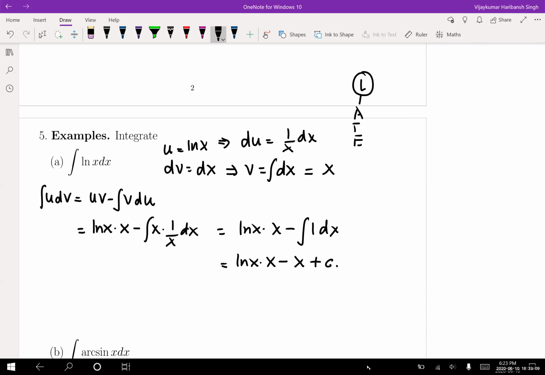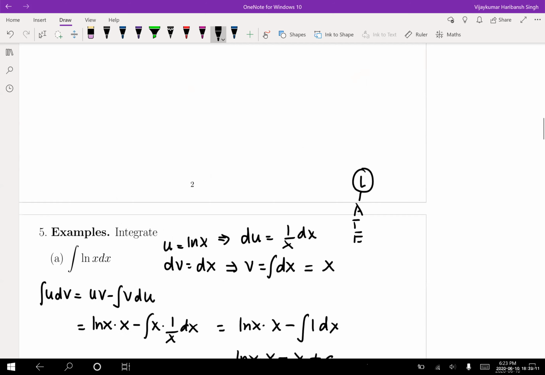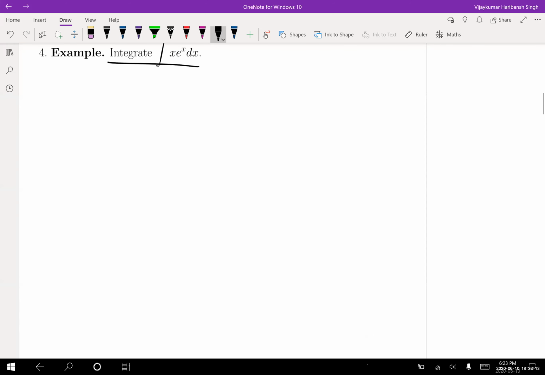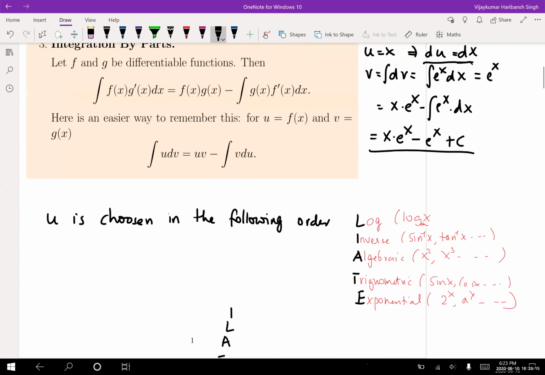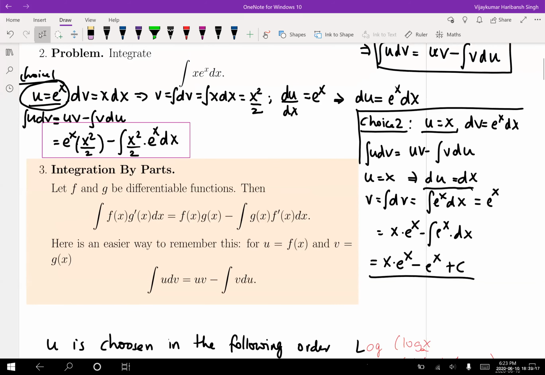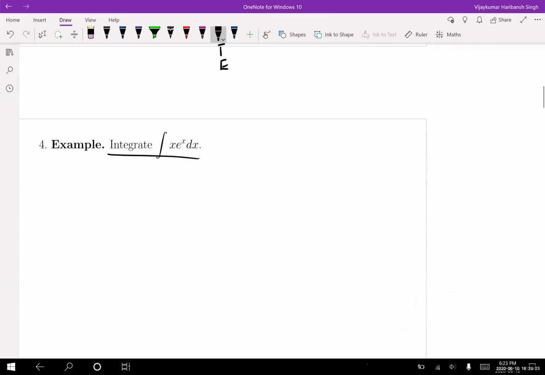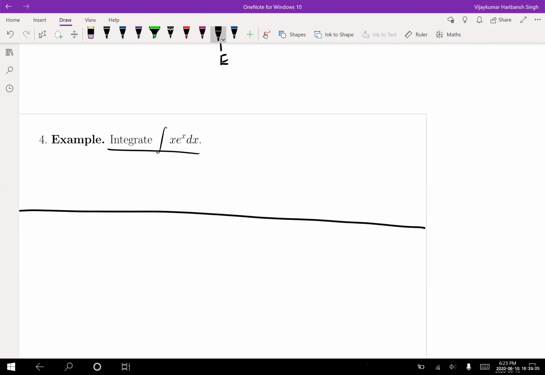Okay, so now let's go back and discuss why, when we integrate dv, we do not add a c there. So let's look at that part first. Suppose again you're doing integral of u dv is uv minus integral of v du.